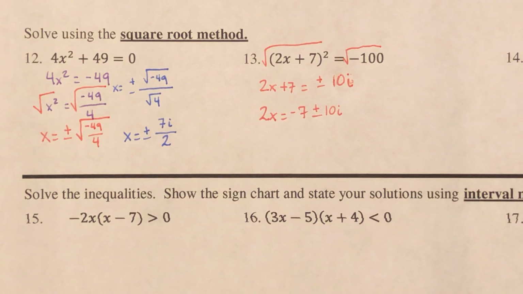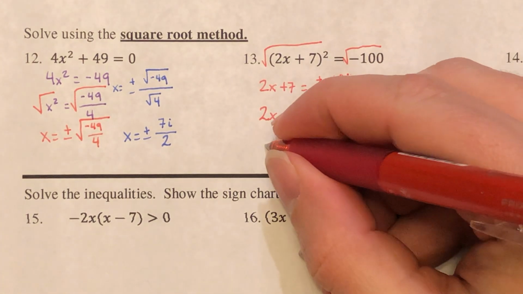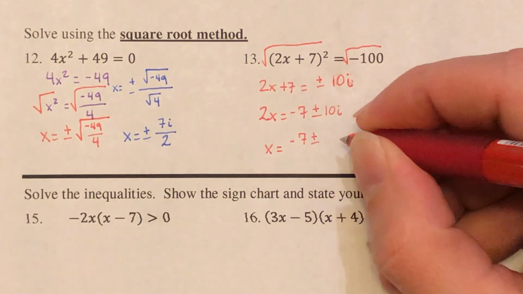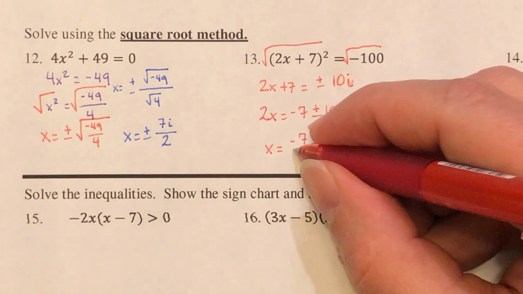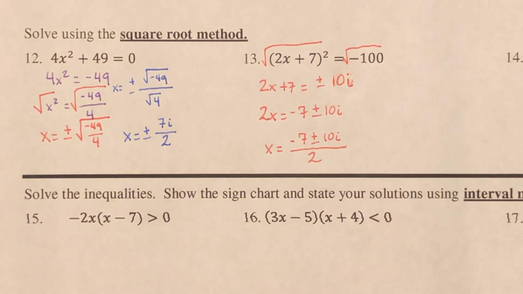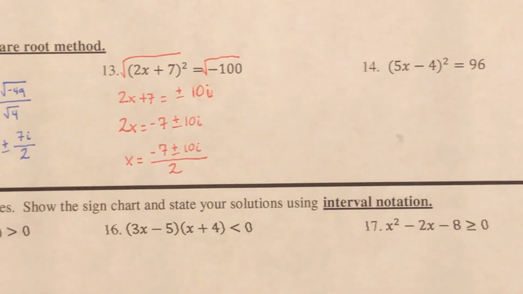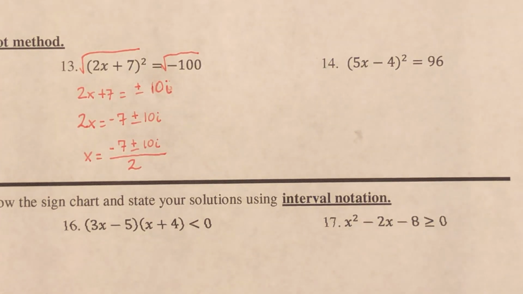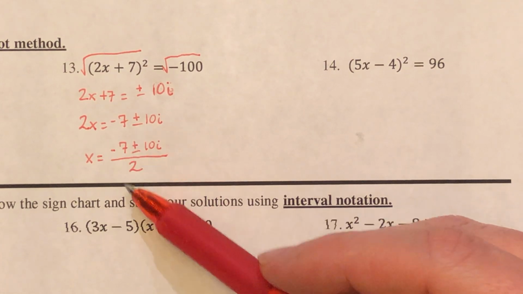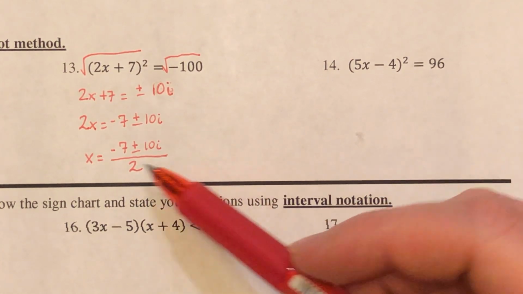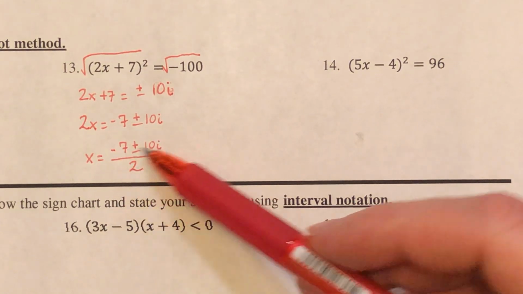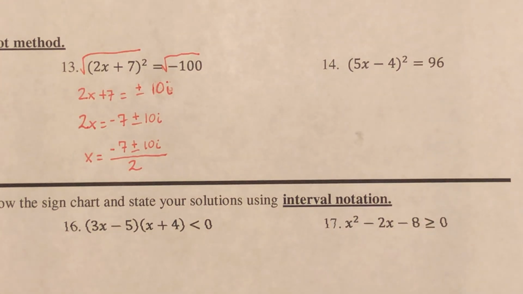And then divide both sides by 2. So I have x equals negative 7 plus or minus 10i all over 2. And you could break this up and do negative 7/2 plus or minus 5i, but leaving it just like this because not both of them are divisible by 2, that's fine.